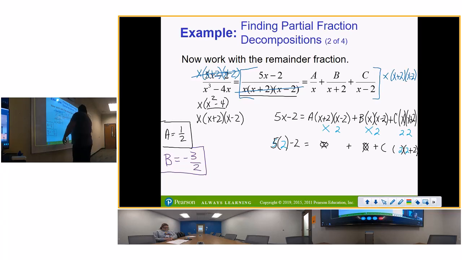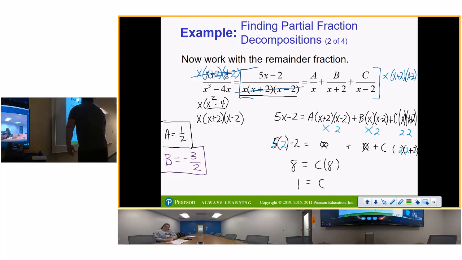And that's going to give me 10 minus 2 is 8. That goes out, that goes out. You're left with C. What's 2 times 4? 8. So C is going to be equal to 1.